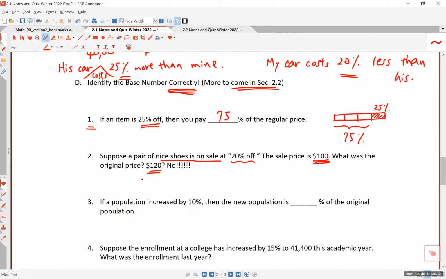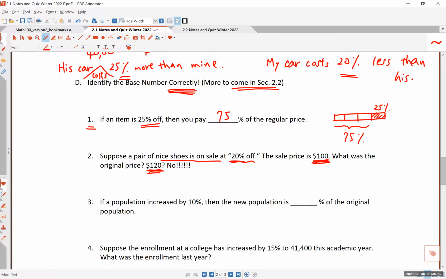Let's see why. Maybe you can tell why this is wrong. If the original price were $120, 20% off would be $24 off of this, which will be less than $100. That contradiction shows that $120 clearly cannot be the original price.